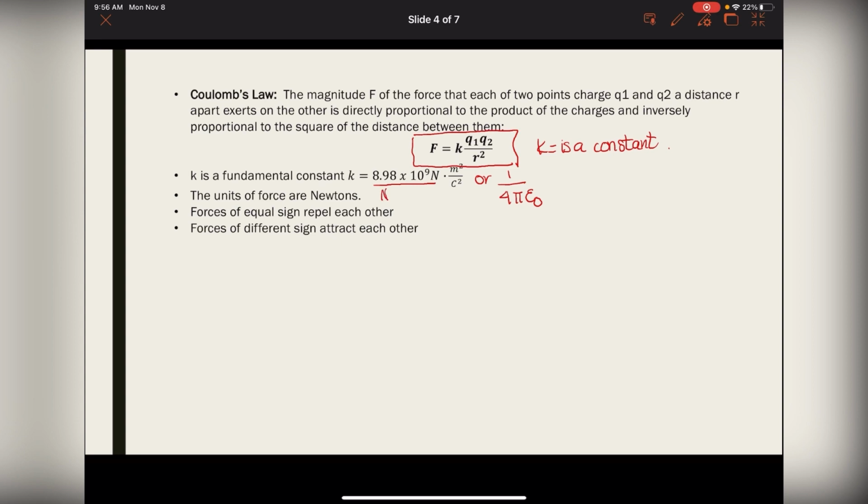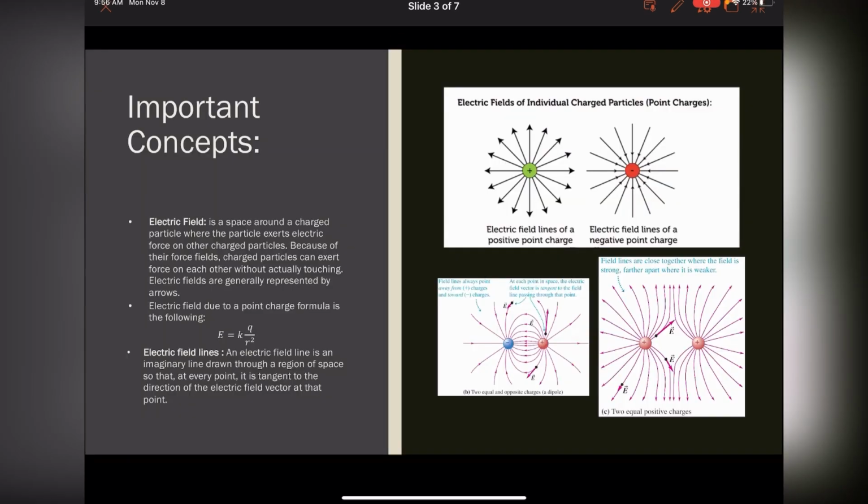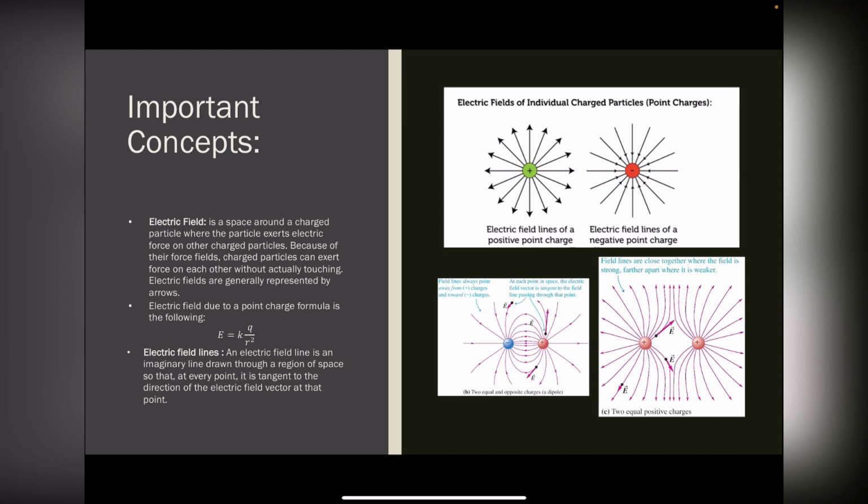Also, Coulomb's law talks about how charges of equal sign repel each other and charges of different sign attract each other. And going back to what we talked about before regarding the electric field lines and the electric field, we can notice that here the lines don't touch, the electric fields don't touch, because they are the same sign.